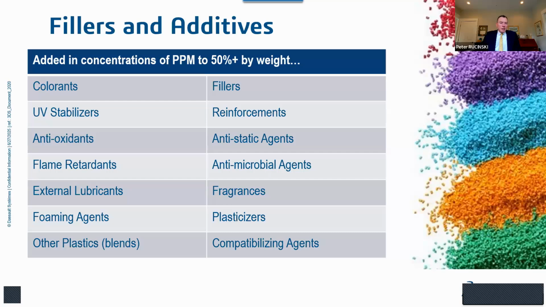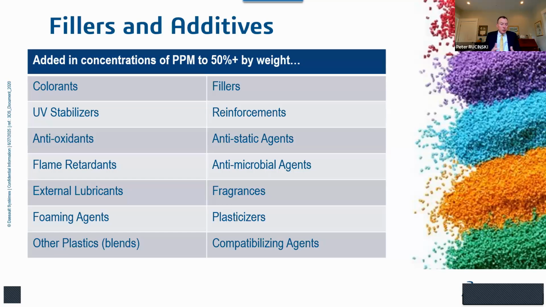And then I mentioned this earlier. Plastics are one of the most versatile materials on the planet because they can very easily be customized or tailored to meet the very specific application requirements of lots of different kinds of products across a broad range of industry. We do that by adding the kinds of things that you see on this slide: colorants, UV stabilizers, antioxidants, foaming agents, other plastics.